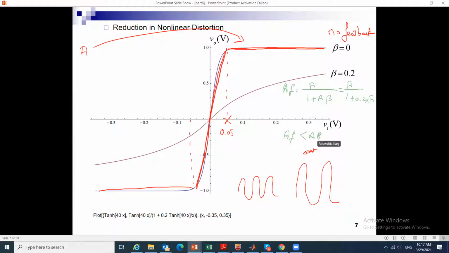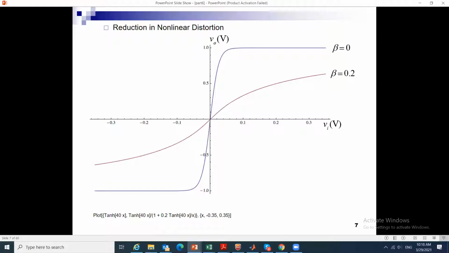As we see here, we're dividing by a positive quantity, and therefore since the gain is smaller, the slope, which is the gain, becomes smaller and the linear region stretches more. So I can accommodate larger input signals, of course at the expense of smaller gain. So that's another property of the feedback amplifier.